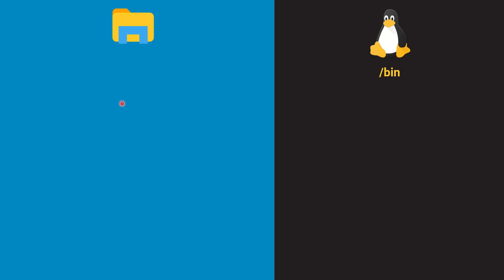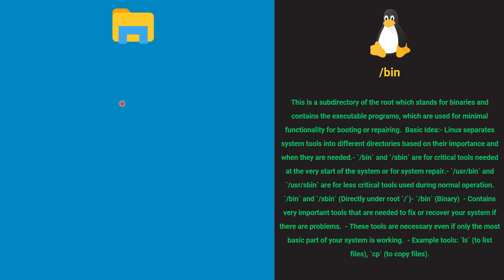Then let's talk about /bin. Bin stands for binaries, and this is a subdirectory of the root, which contains all the executable programs which are used for minimal functionality for booting or repairing. The basic idea is that Linux separates system tools into different directories based on their importance and when they are needed.